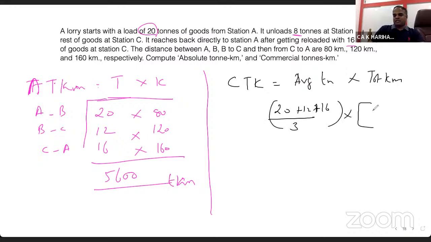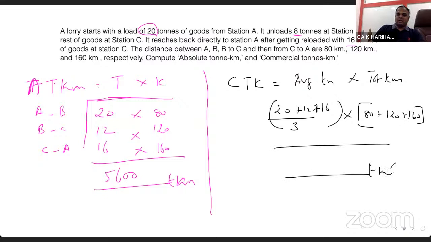Total kilometer, how much? 80 plus 120 plus 160. The answer is called commercial ton kilometer. The answer for the commercial ton kilometer is 5,760.